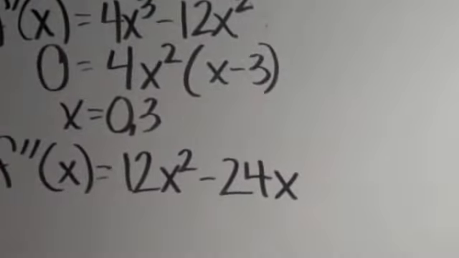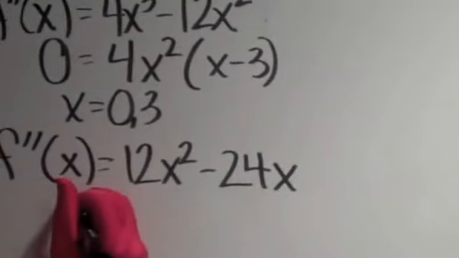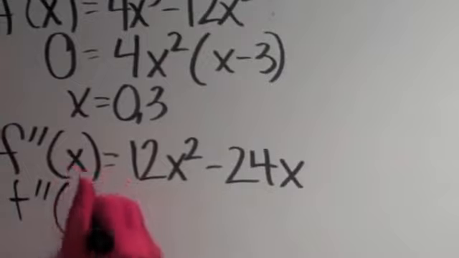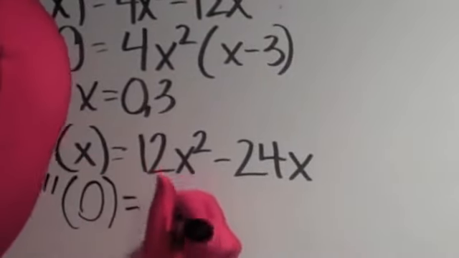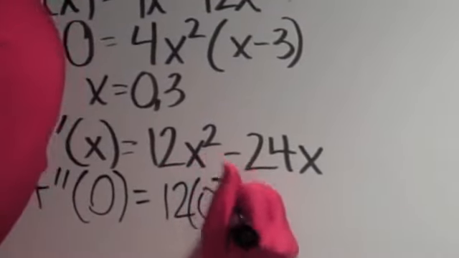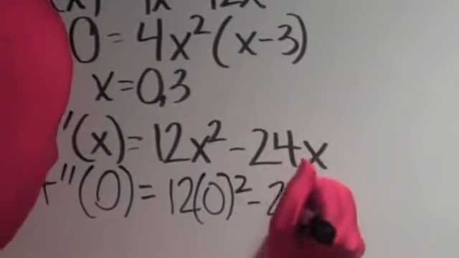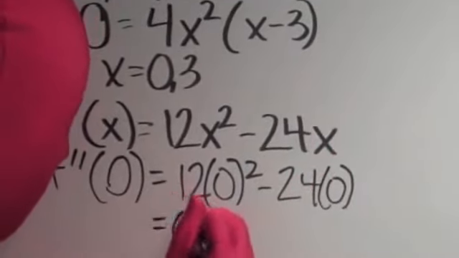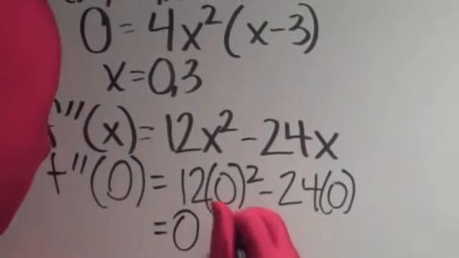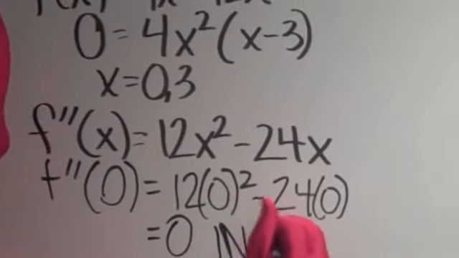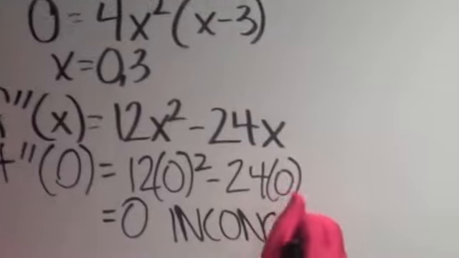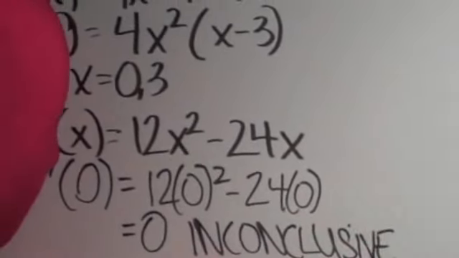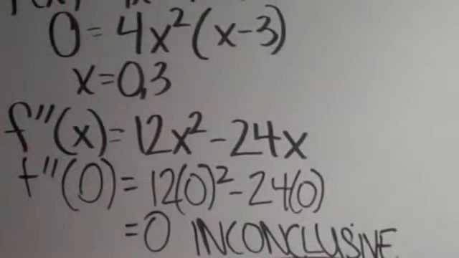When 0 is plugged in for c, we get that f double prime of 0 is equal to 0. The test is therefore inconclusive. And we must now try the first derivative test.